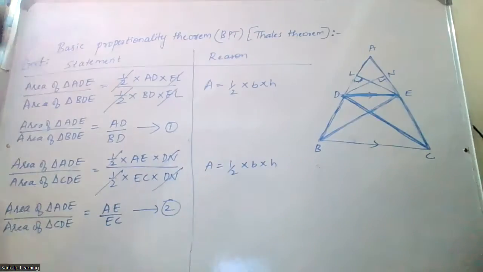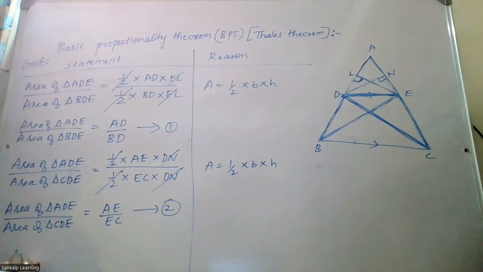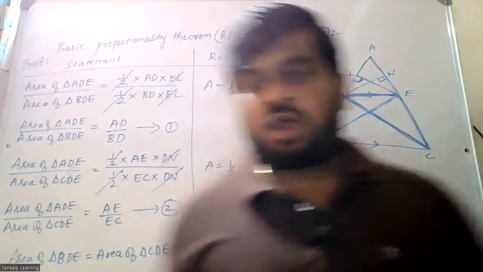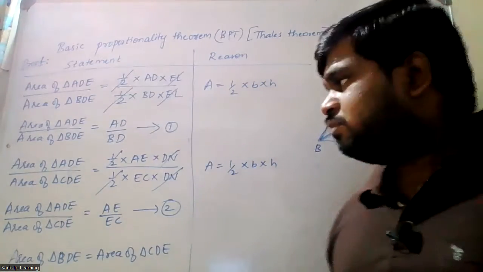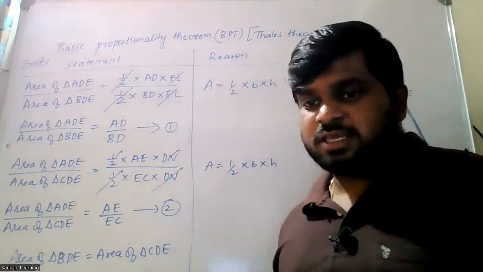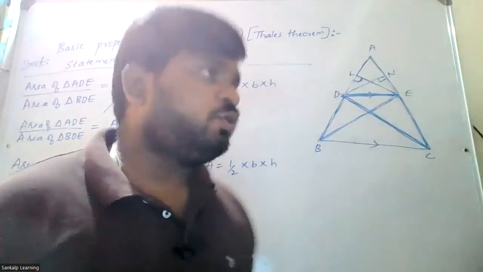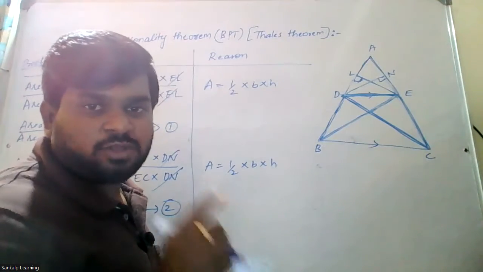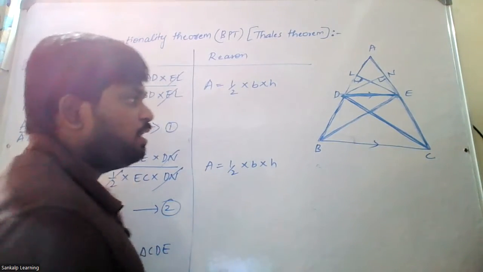Let's do that. Actually, area of triangle BDE is equal to area of triangle CDE. What is the reason for it? Just like that, we cannot put up the statement. How do we know that these two are equal? Using a simple logic: if you have two triangles on the same base and between the same parallels.